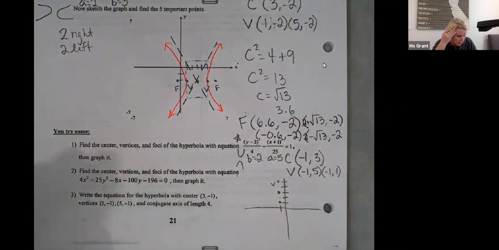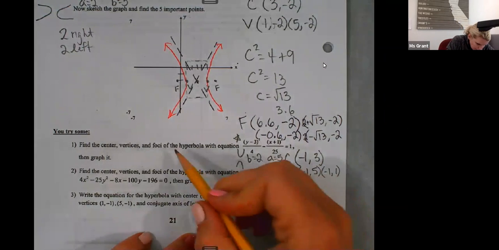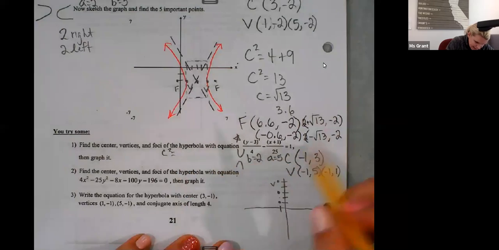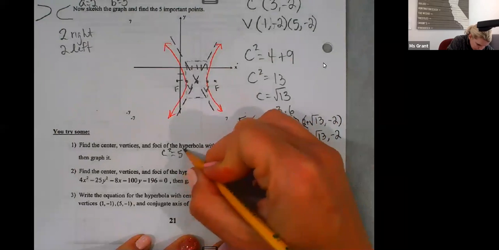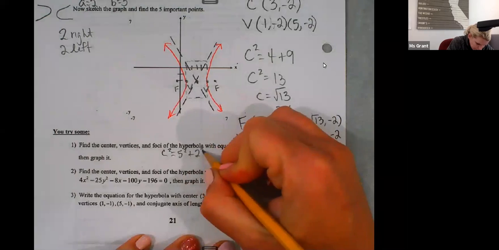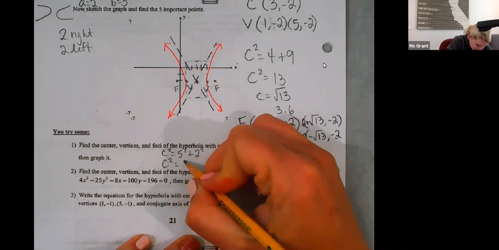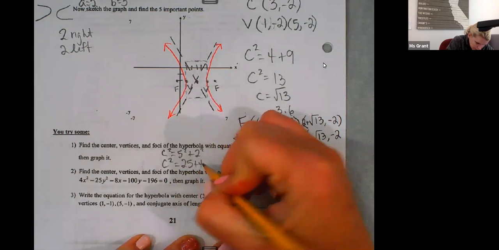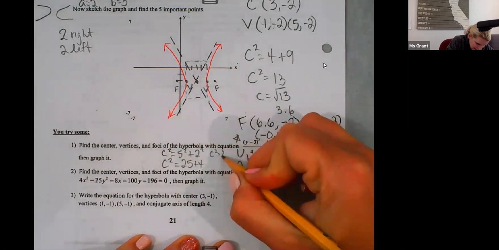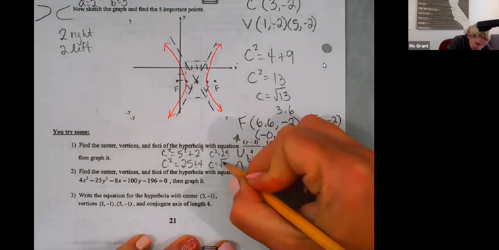Then my foci just finds C squared. C squared equals A squared plus 2 squared, 25 plus 4. C squared equals 29. C equals root 29.